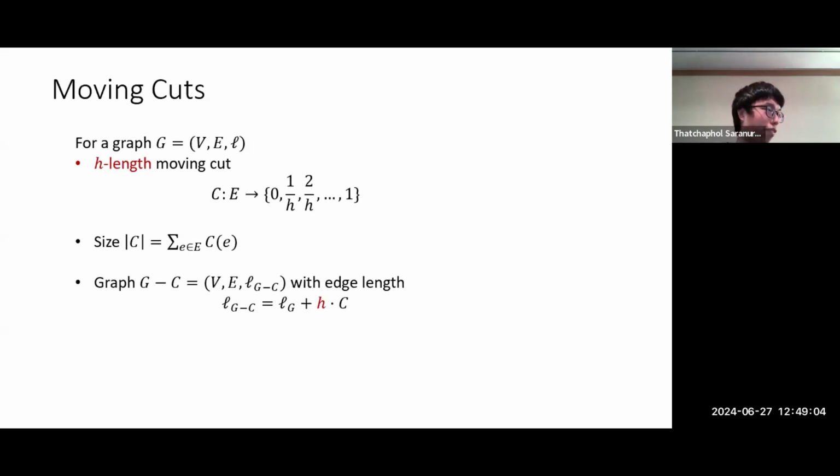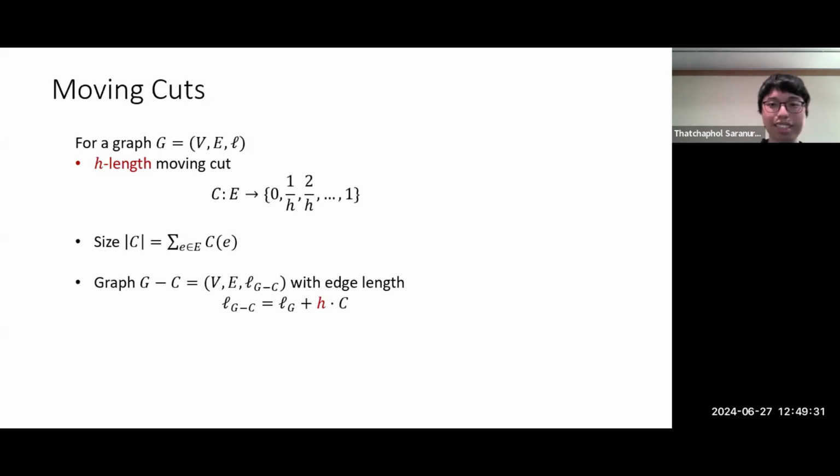Each edge will receive a length increase of h times C. Maybe in this talk I will sometimes use the integral length increase to refer to this fractional moving cut. The integral length increase corresponding to C is just scaling up C by a factor of h, just to make everything integral, which is more comfortable.